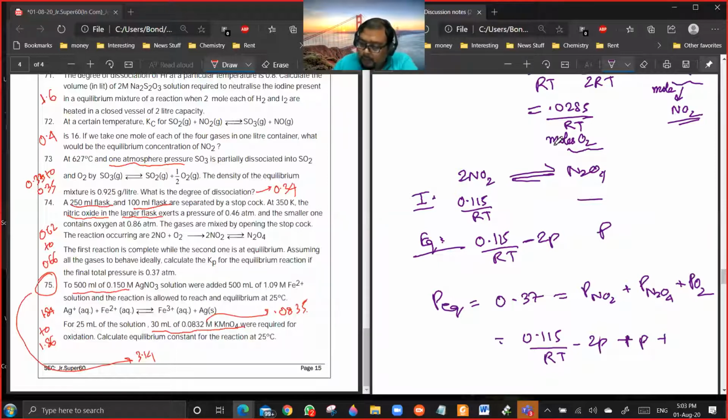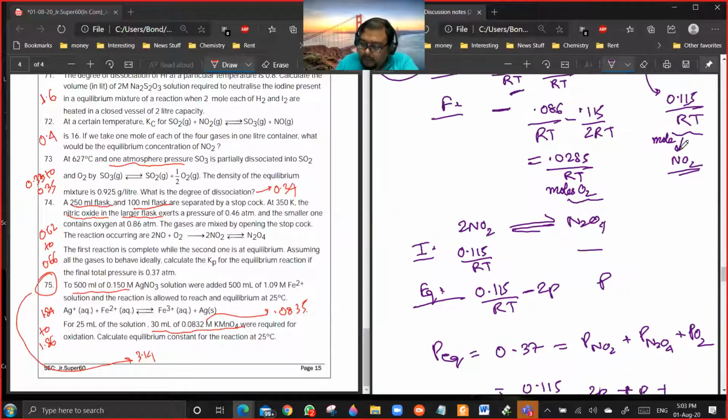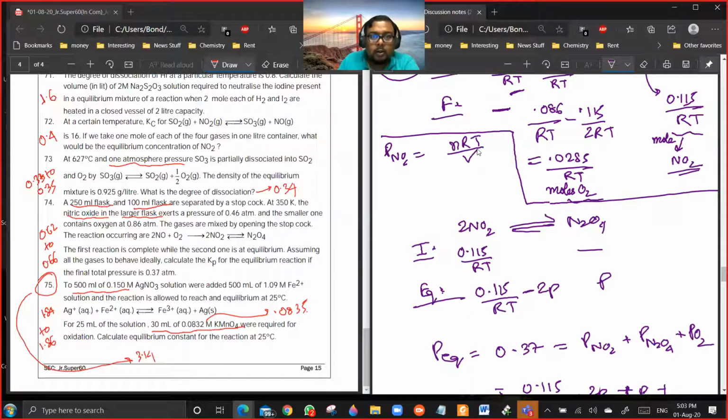Okay, can we calculate the pressure exerted at the end of this reaction? What is the pressure of NO2? It will be nRT by V. Can we write it like this? Yes or no?